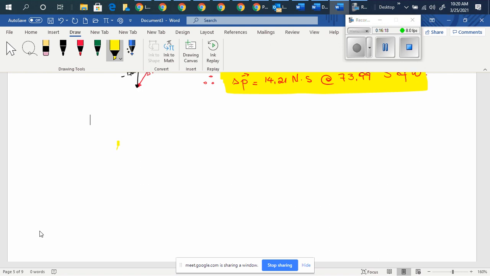So this is kind of easy because the change of momentum is the same as saying mass times the change of velocity.